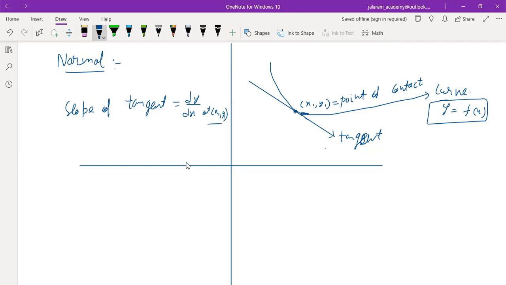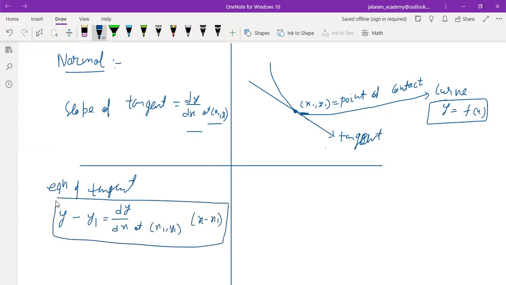To find the equation of tangent, the formula is very simple: the slope point form of a line, when the slope is given as m, which is dy by dx at x1 comma y1.